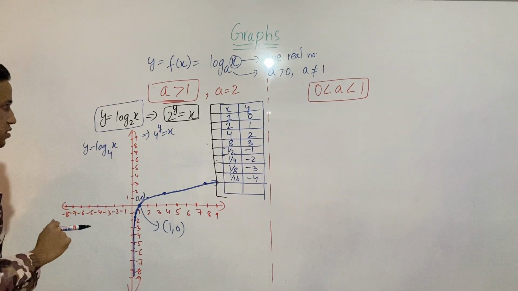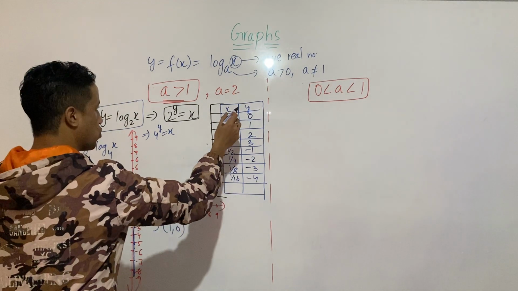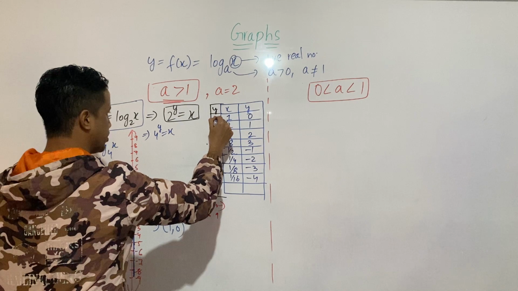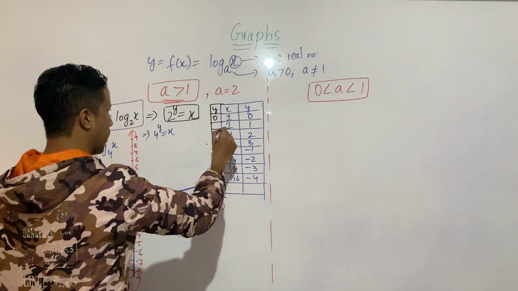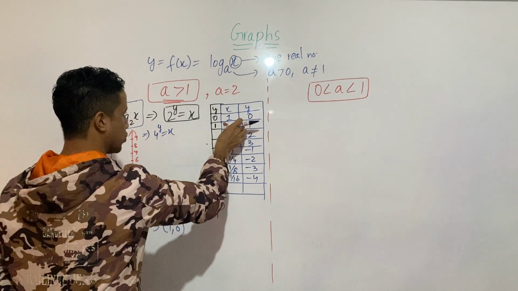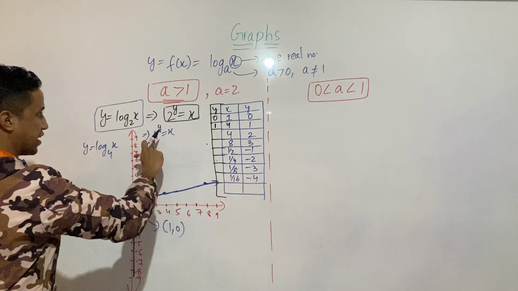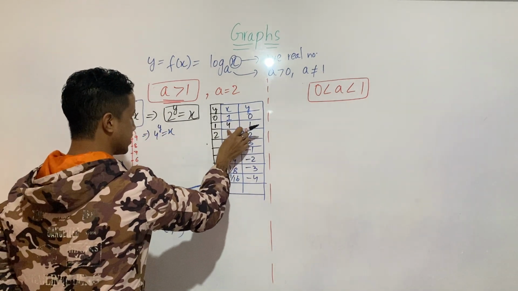4 to the y equals x. Okay, so now see here, if we take y equals 0, x is 1. If we take y 1, then x is going to be 4. If we take y 2, x is going to be 16.